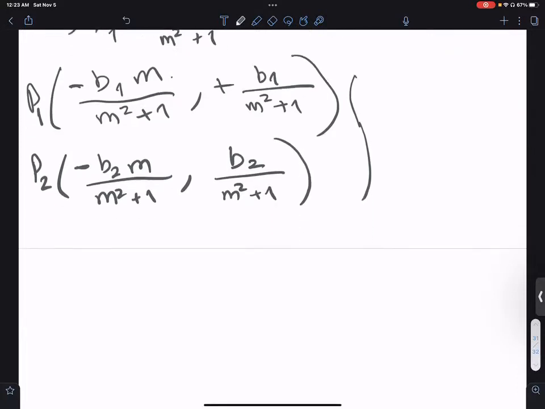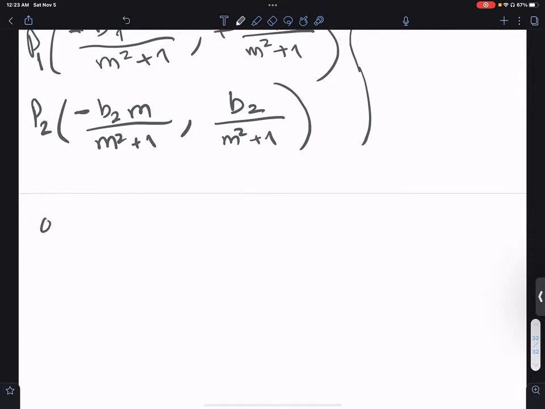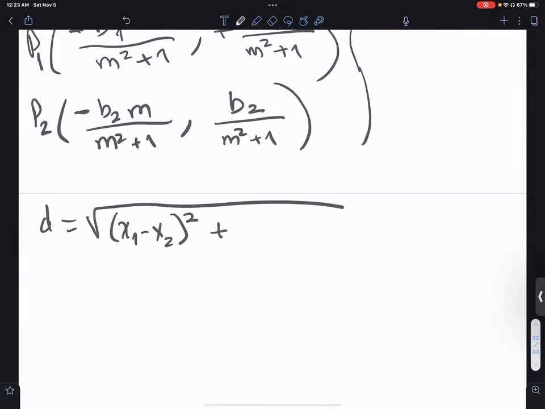Now, using these points, I'm going to apply the distance formula. The distance between two points is the square root of x1 minus x2 to the second power plus y1 minus y2 to the second power.